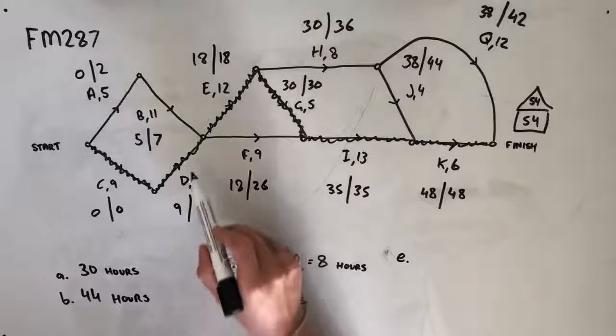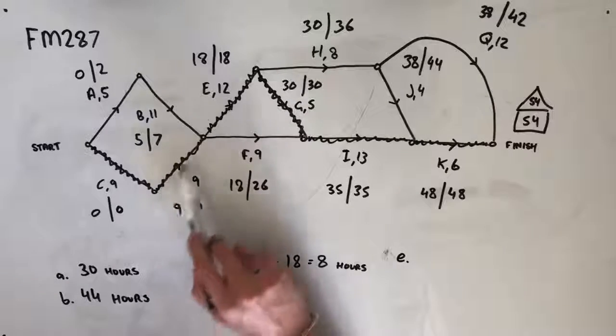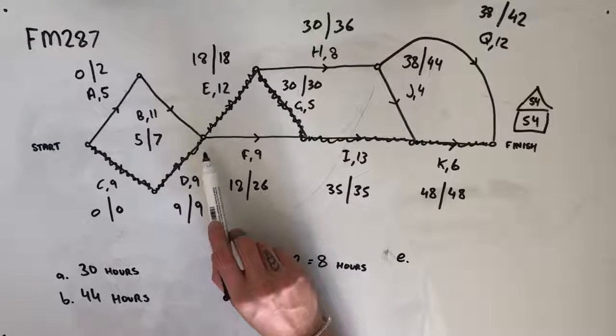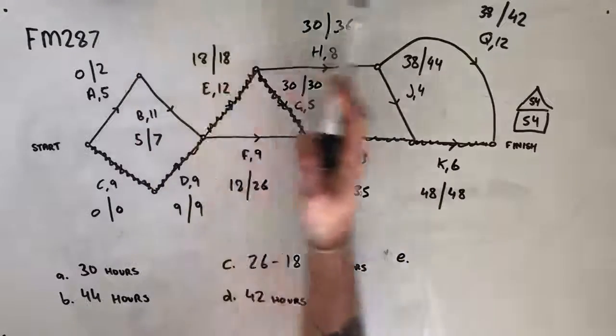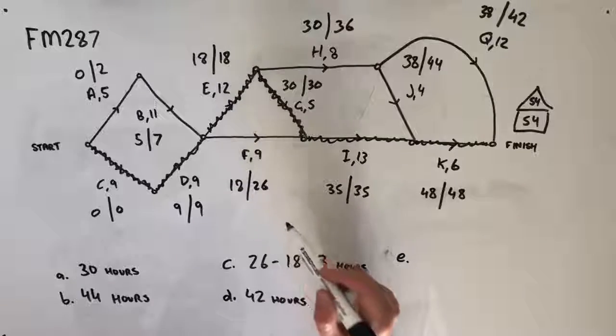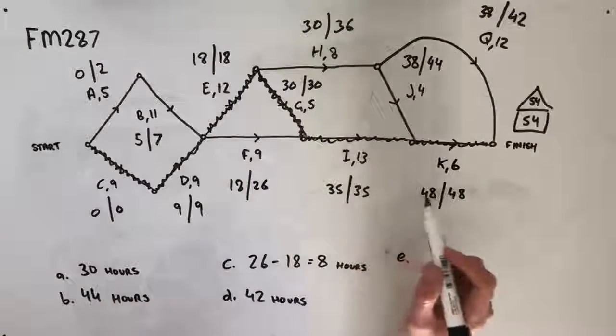Now if we were to reduce activity D, everything that follows activity D is also going to be reduced. So everything from here on will also be reduced and will most likely retain its current float times.